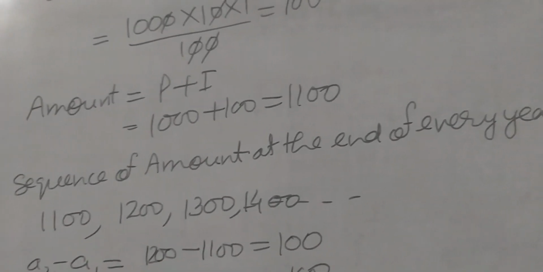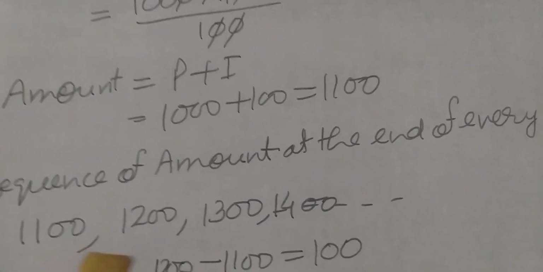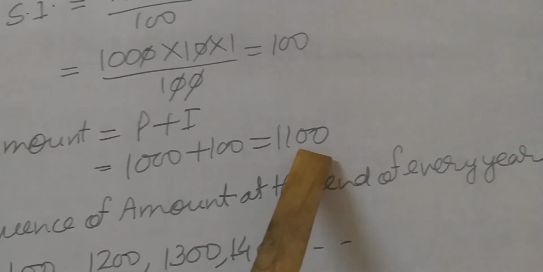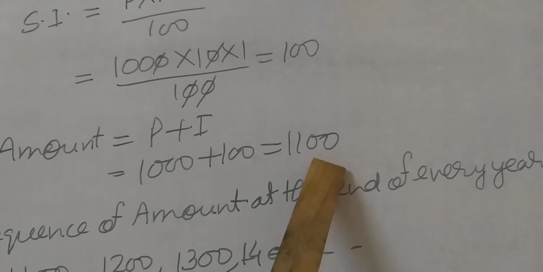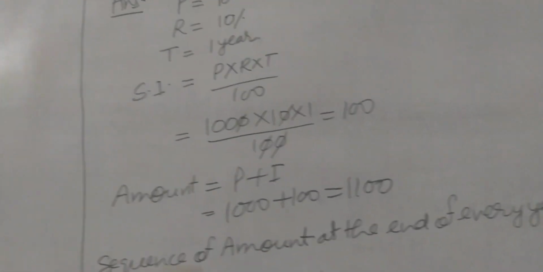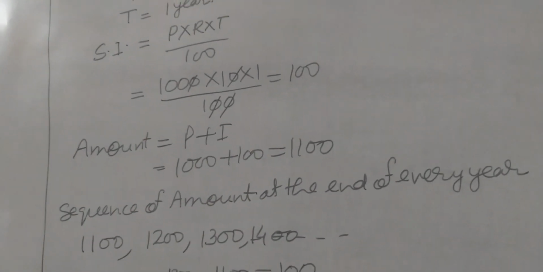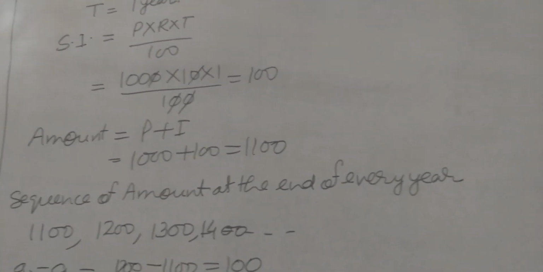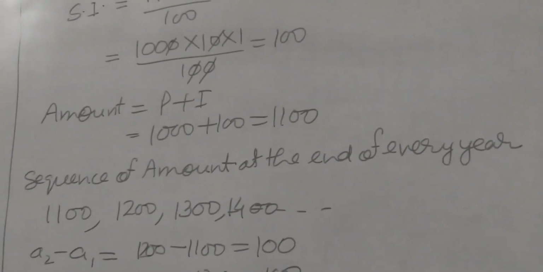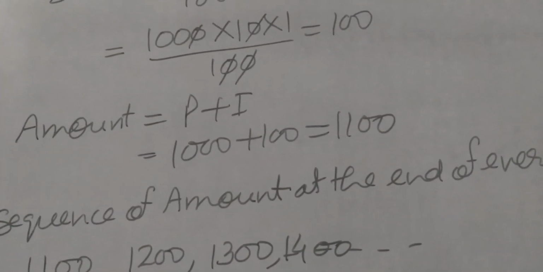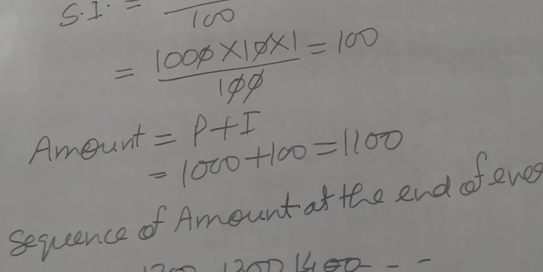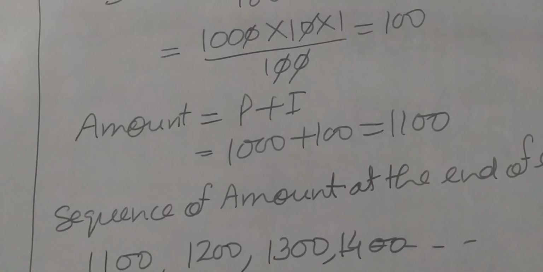So after 2 years, amount will be 1200, because ₹1000 is deposited, students. It is simple interest, and I told you that simple interest is always same. So that's why first year he got ₹100 as interest, so total amount 1100.